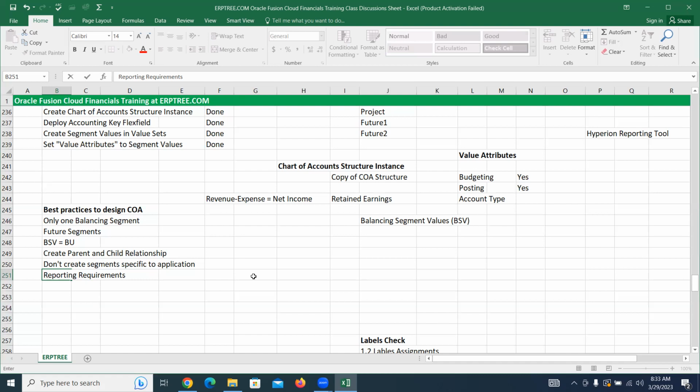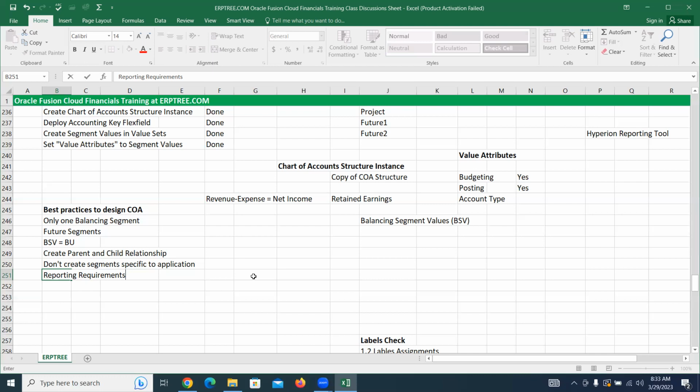So only one balancing segment you suggest, don't educate. If you ask me, I say don't educate your client about secondary, third balancing. They will definitely ask you, we need second, third also, or at least second. That will create many challenges. Once you tell them you can use second, even if you say there will be challenges, they don't listen to you. They become like a kid. They'll say they want it. Then there will be some challenges.